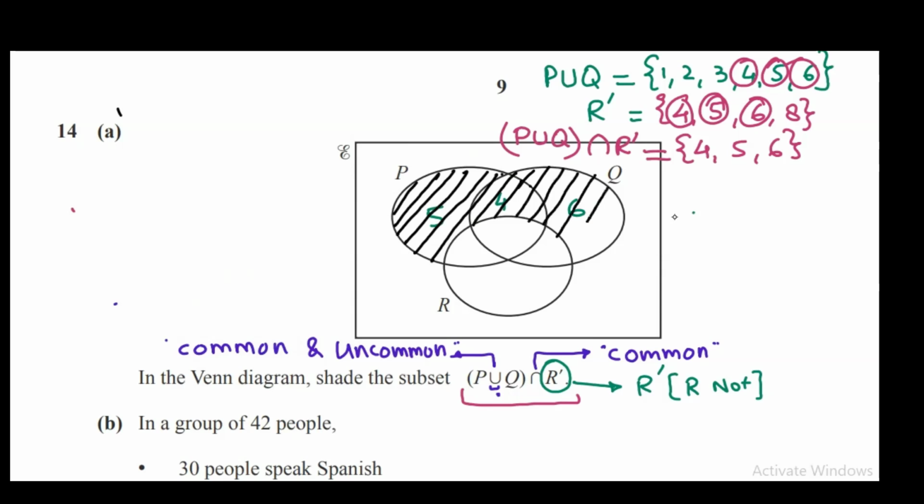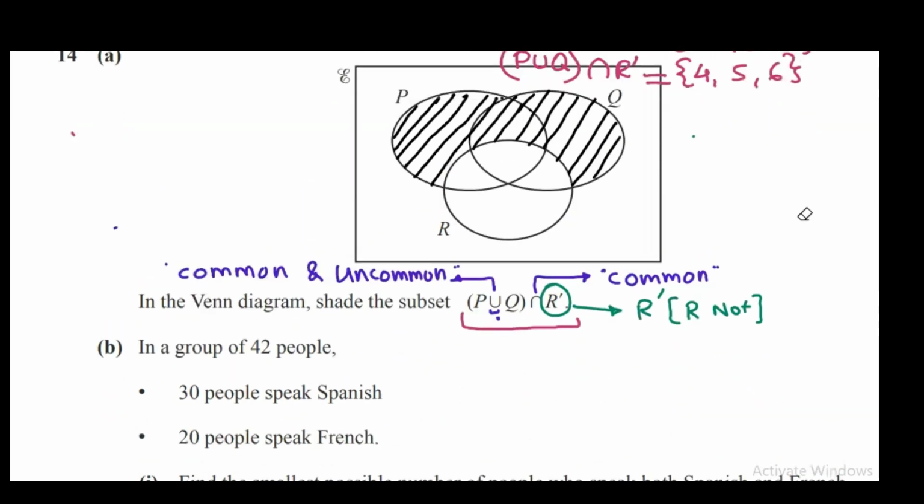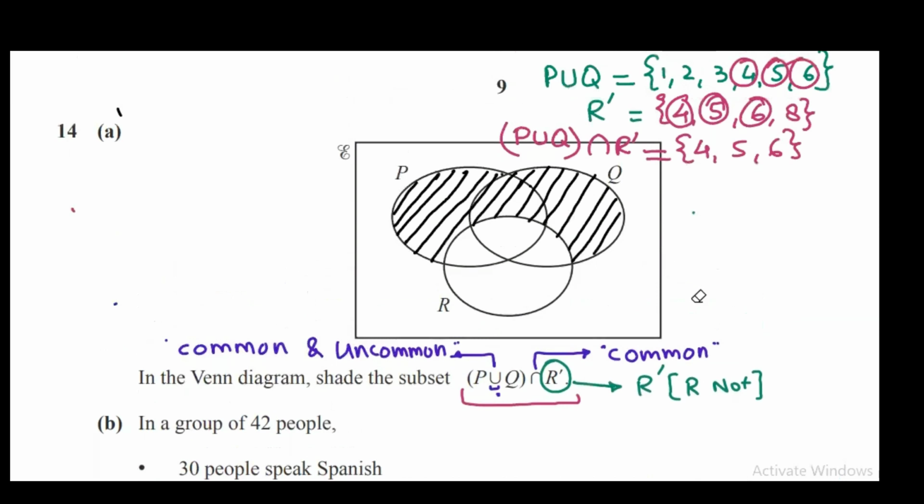Shade neat and clean. Now, remove 4, 5, and 6. This is the final answer, the shaded region of P union Q intersection R complement. Now, this is a 1 mark question, and this technique is very helpful to shade the region in the Venn diagram.